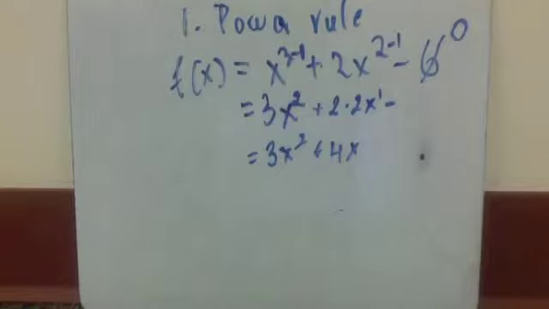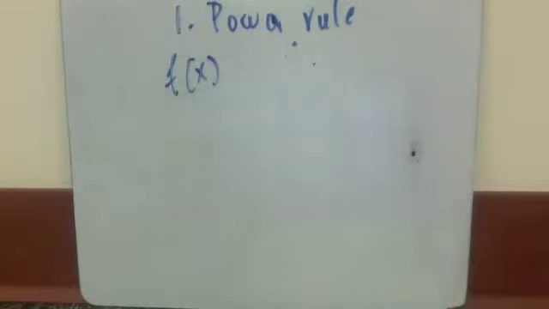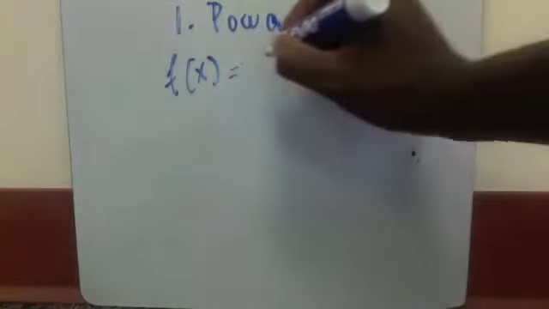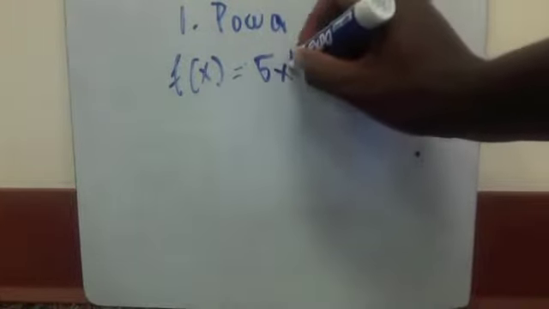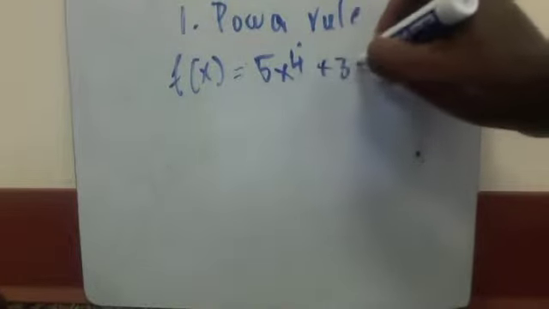Okay, now let's do another problem involving the power rule. Let's say you have a function f of x equal to 5x to the 4th plus 3x squared.